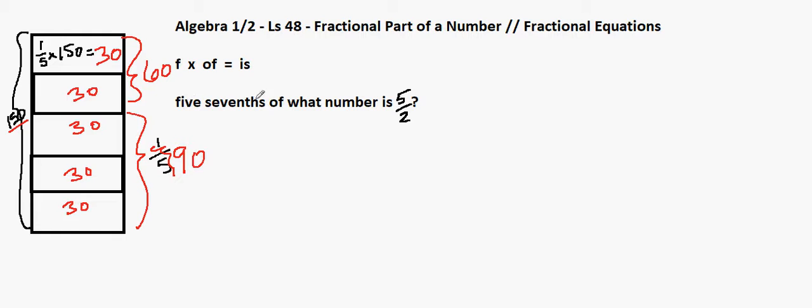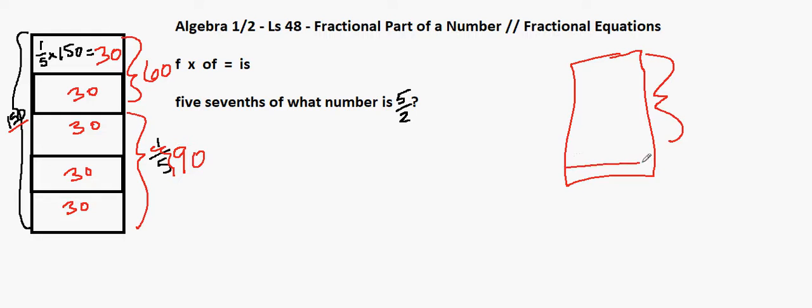If we're asked 5/7 of what number is 5/2, we can try to draw this out. I suppose if we had to do this the 7th grade math way, 5/7 of what number is 5/2? It's asking what number, if I took 5 out of 7 total pieces, is going to be 5/2.